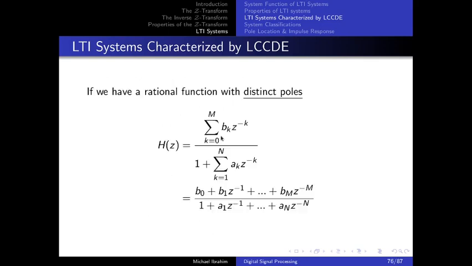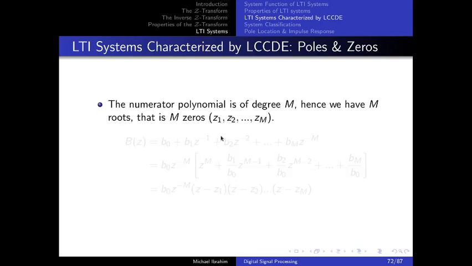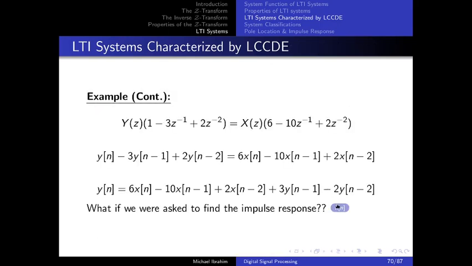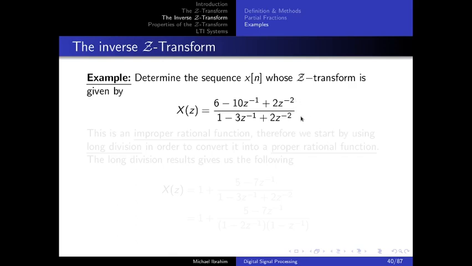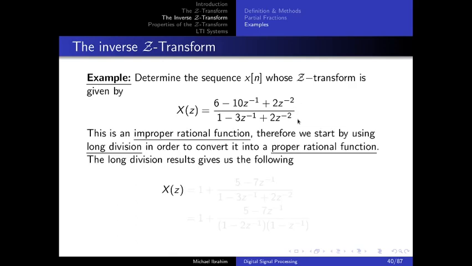And let me go back to one example we have seen in order to clarify things. If you go to this example, now this is an improper rational function. Doing the long division will give you this kind of term. This 1 over here is basically z to the power 0. And if the order of the polynomial in the numerator was 3, we will get another term, z to the power minus 1. So doing the long division, we will get terms of the form z to the power minus k.